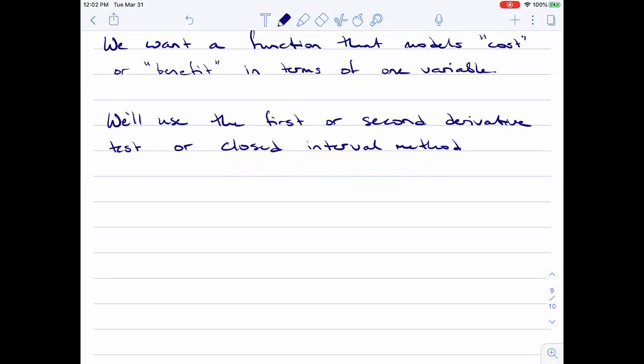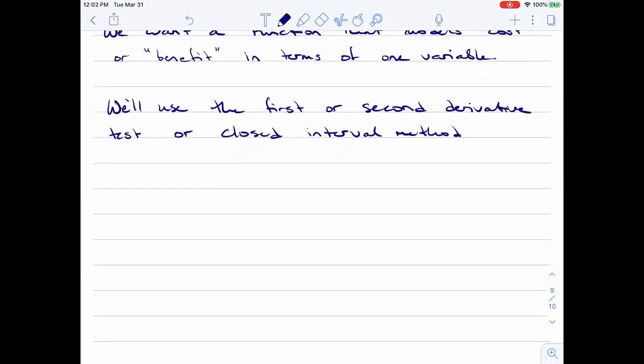So it's good to have a refresher on that. So we'll use the first or second derivative test or the closed interval method to find the best solution.